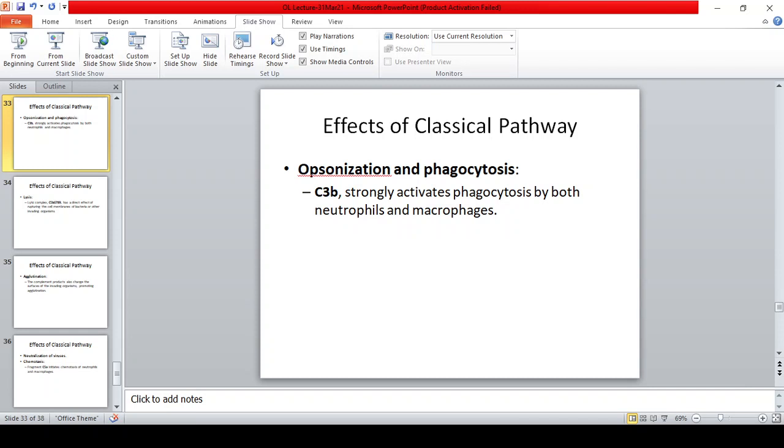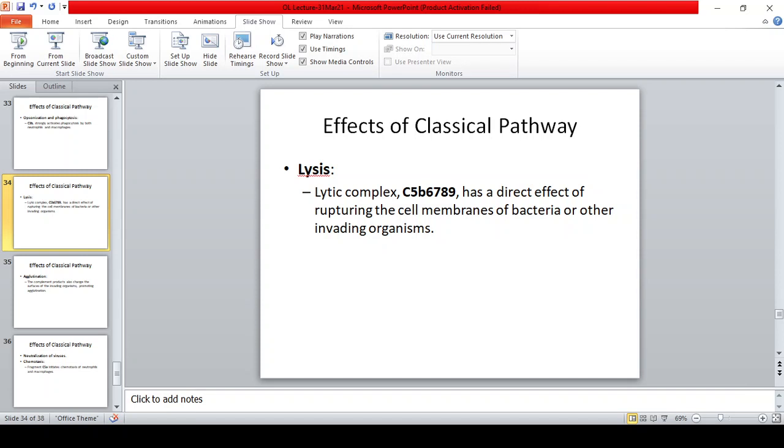So the C3b product strongly activates phagocytosis by both the neutrophils and macrophages. The other effect is lysis, and as we have just seen, the lytic complex, which is basically C5b6789, has a direct effect of rupturing the cell membranes of the bacteria or other foreign organisms.